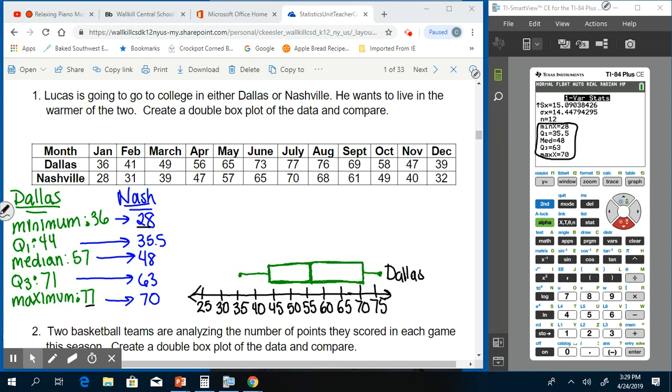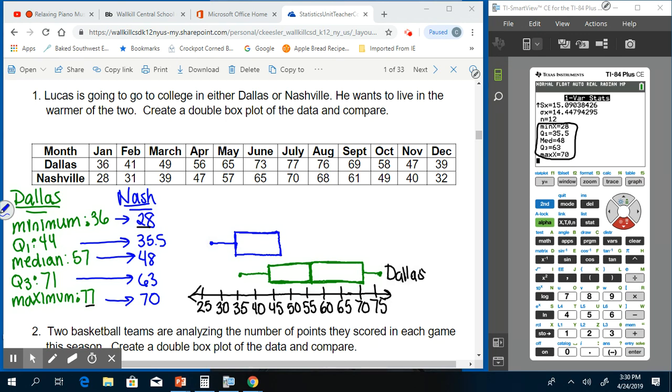And then I'm going to go ahead and do Nashville. So for Nashville, again, we start at 28. Then we go over to 35.5. That's our quartile 1, our first 25%. Then we go over to 48. Quartile 2, and our next 25%, and our median.